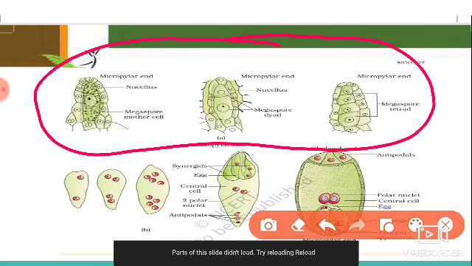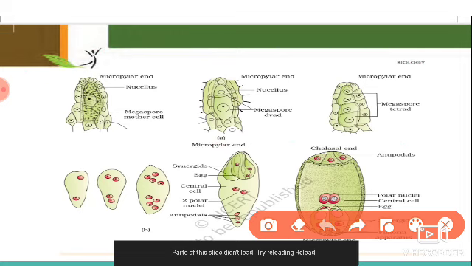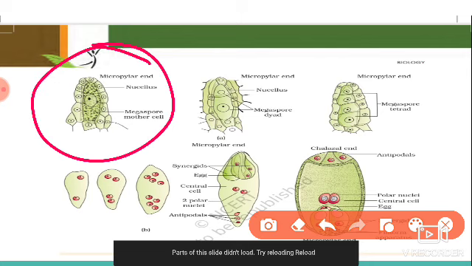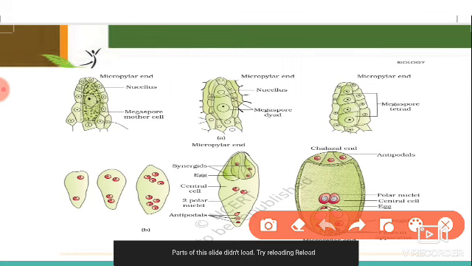We'll study only how the megaspore is going to be formed. How the cells are going to be divided, and everything else, we'll study later in the structure of the embryo sac. Now I will explain only the process of how the megaspore is going to be formed. See here, this is the first structure given in your NCERT, and this is the nucellus.